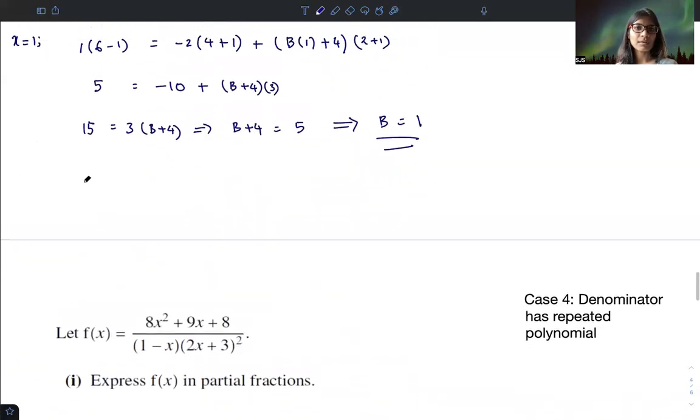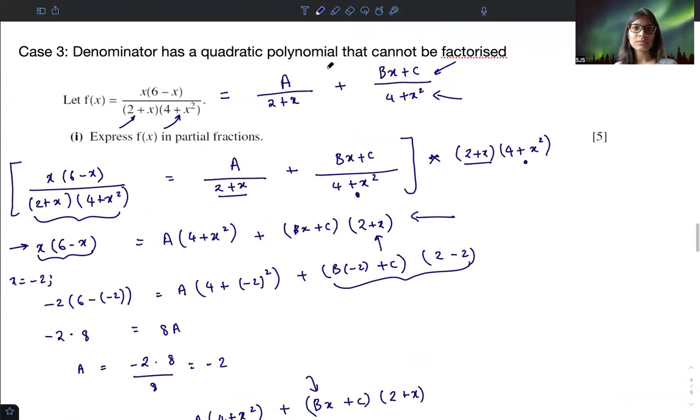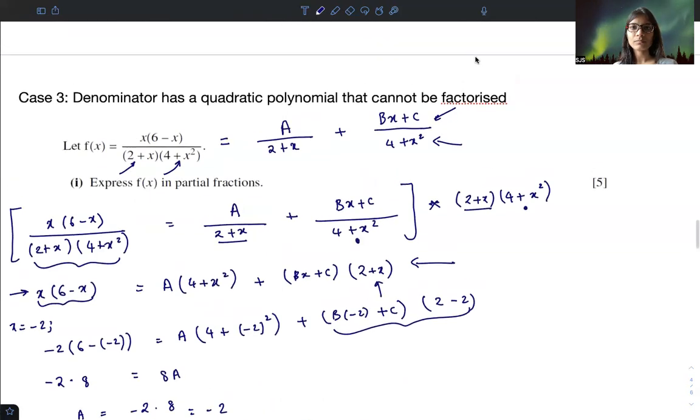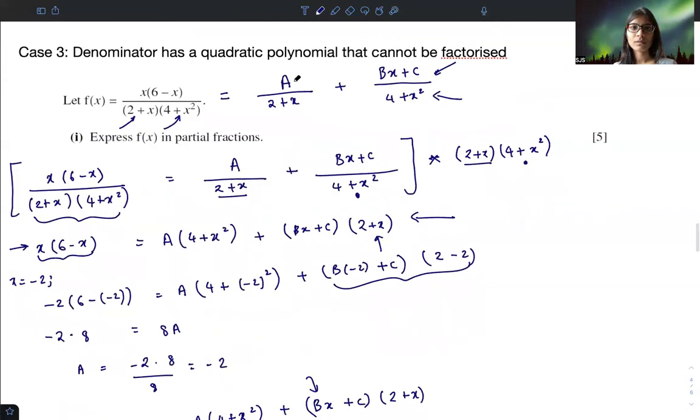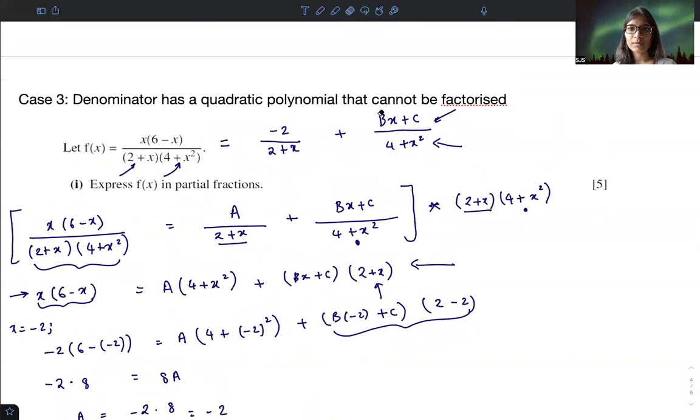We can now finally write the entire fraction by just giving values to a, b, and c. a we found as -2, so we can write a as -2. b is 1 and c is equal to 4. So we can put the value of b and c as 1 and 4.